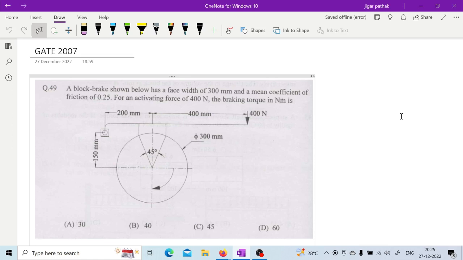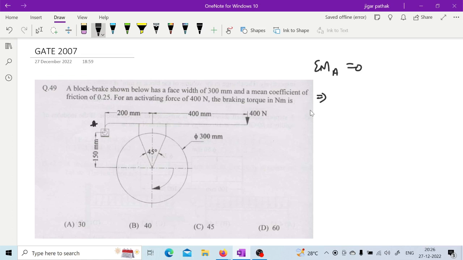You can take moment about A in order to find the N. 45. Yeah, 45 is the correct answer. But first you need to show that sigma of moment about A is equal to 0, since you are considering this point as the fulcrum point.